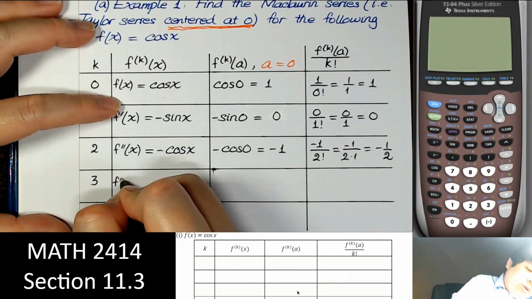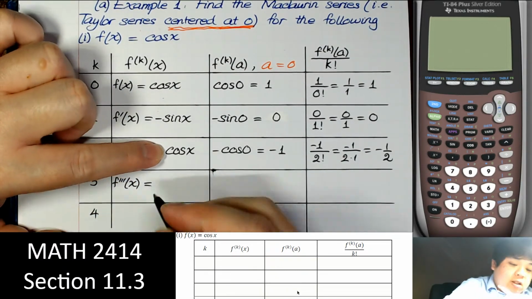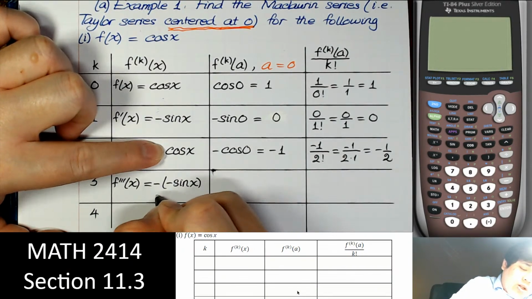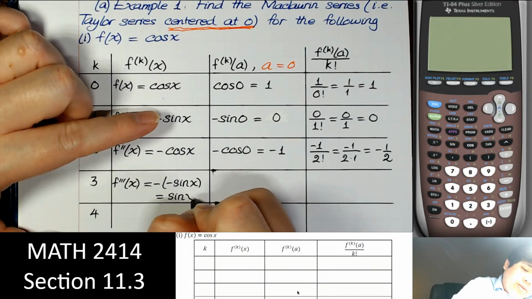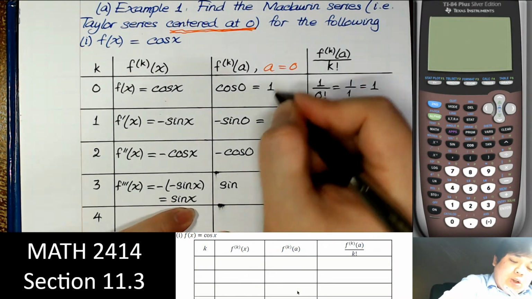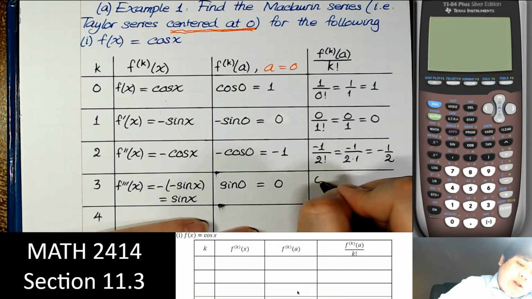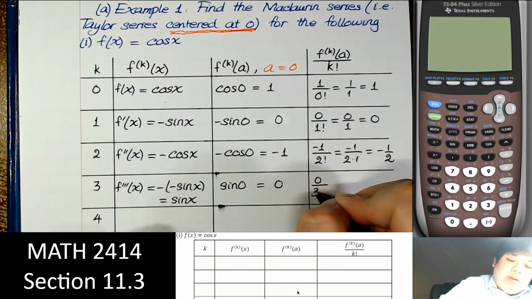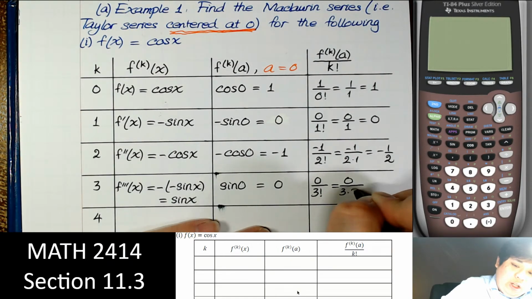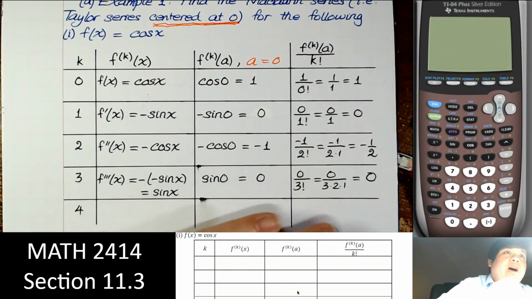And then we take the third derivative. The derivative of negative cosine is positive sine, and substituting 0 for x, we have 0 over factorial of that number, 3 factorial, 3 times 2 times 1, which is 6. Doesn't matter though, 0 divided by anything is 0.